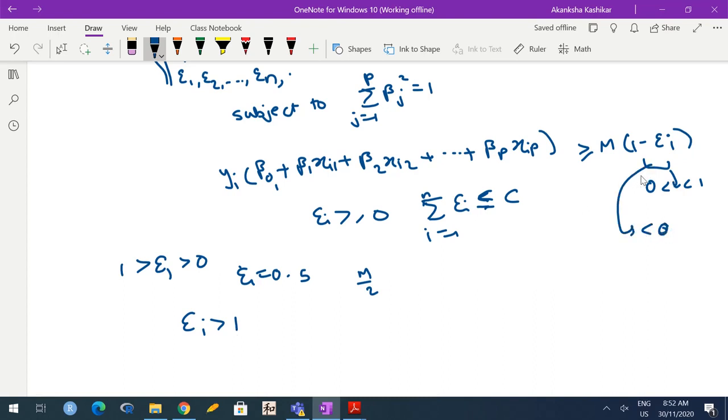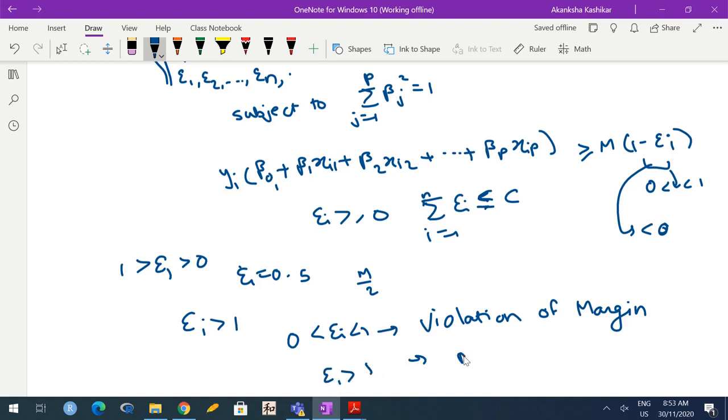If this is negative, it means that we are allowing this product y i into hyperplane thing to be negative. We are allowing it to be negative means we are allowing misclassifications. So for those epsilons between 0 and 1, we are allowing violation of margin, and for those epsilons which are greater than 1, we are allowing not only violation of margin but also misclassification. We are allowing that observation to go in on the exact opposite direction.